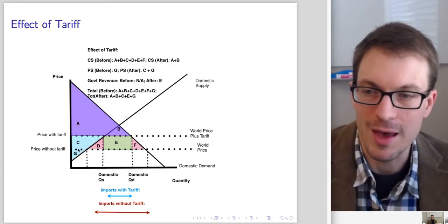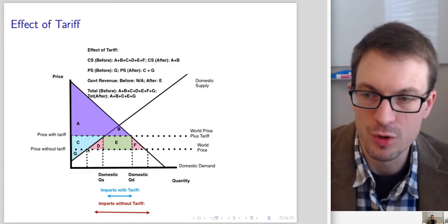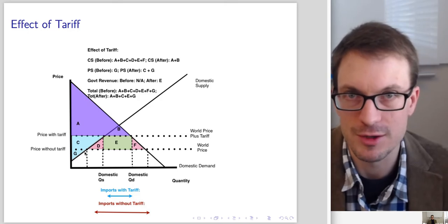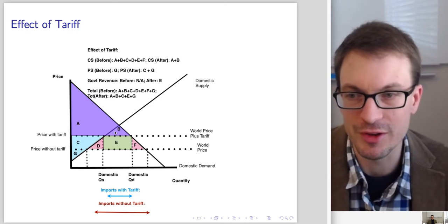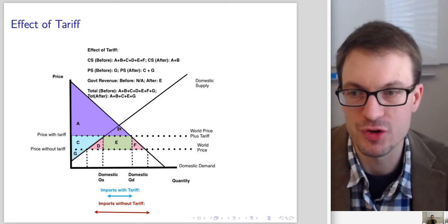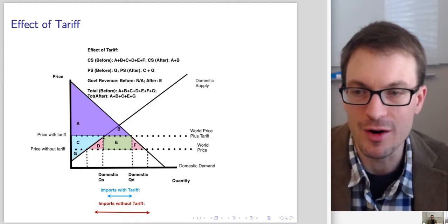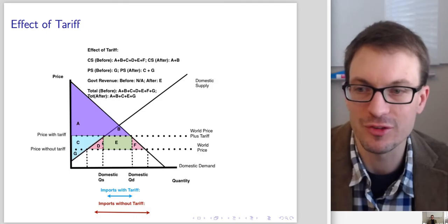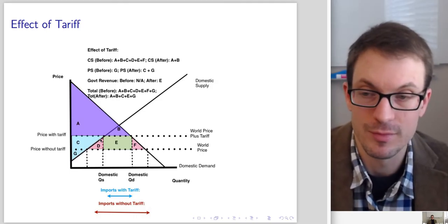So what's happening right here is at the world price, without the tariff, these are the only domestic sellers with costs low enough to compete. These domestic sellers have costs that are too high. If we add a tariff and force foreigners to compete at a higher price, now these domestic producers are able to join the market. So that's good for them.